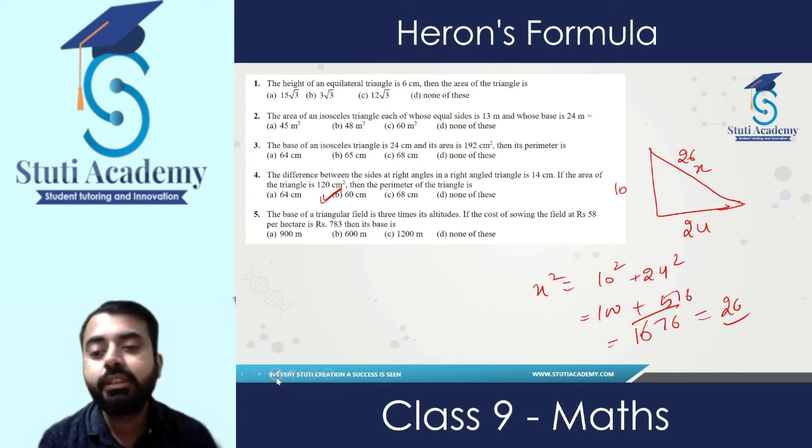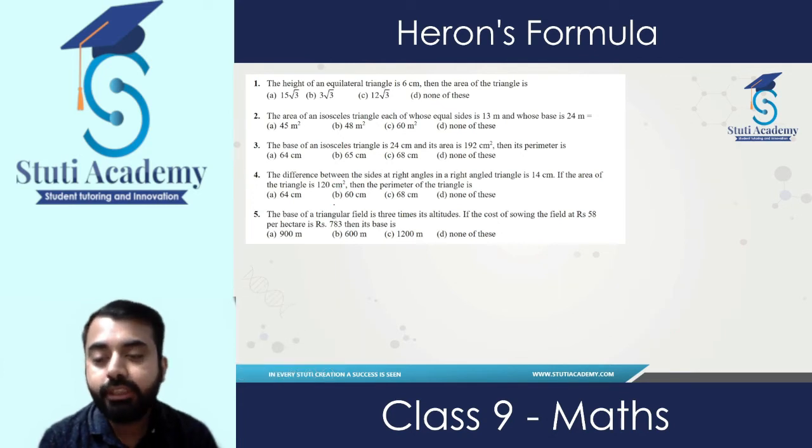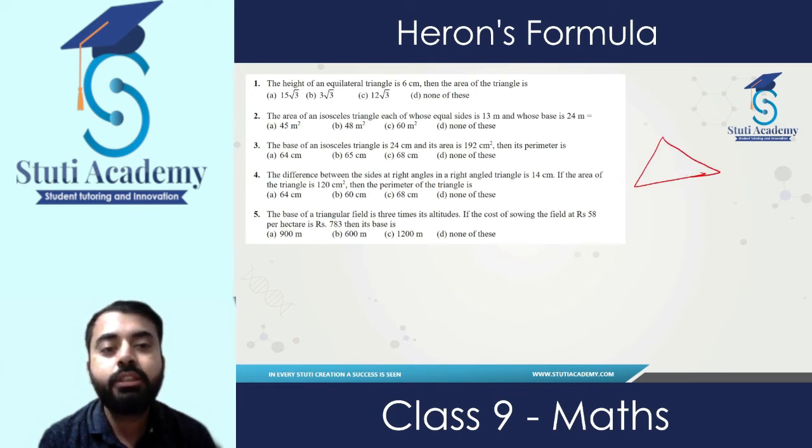Now, let's see our next sum. It is given to you that the base of a triangular field is 3 times its altitude. See, you have a triangular field and this is your base and this is your height. Base is 3 times its altitude, that means base is 3h.